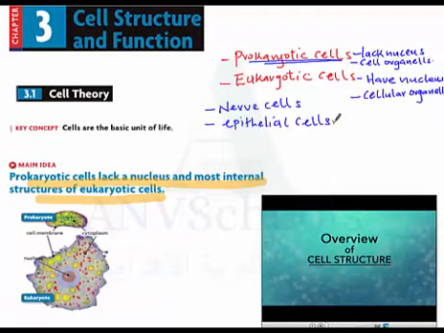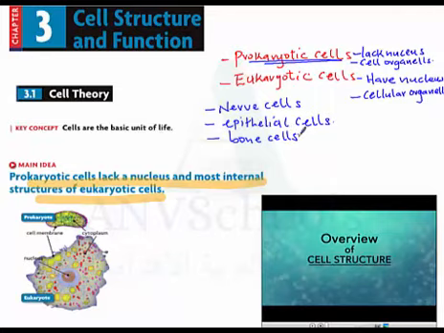They also may include other cells that are unique for specific functions, like bone cells for making the bones and so forth.